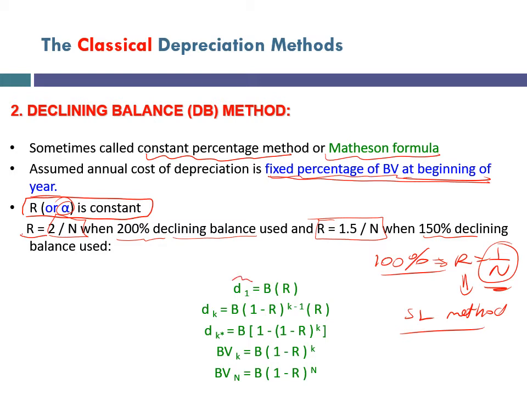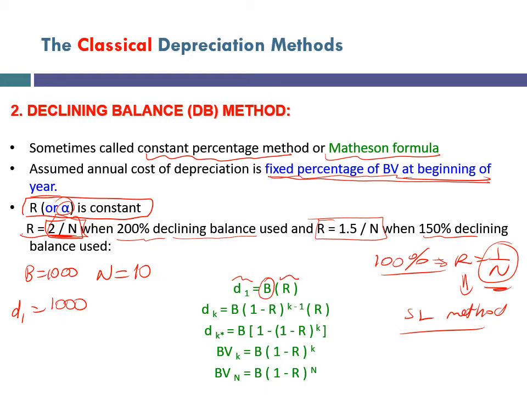In the first year, the depreciation amount is simply the book value multiplied by R. So if R is 2 over N, let's assume that in our example, book value is 1000, N, let's say, is equal to 10 years. So D1 is calculated for a 200% declining balance.